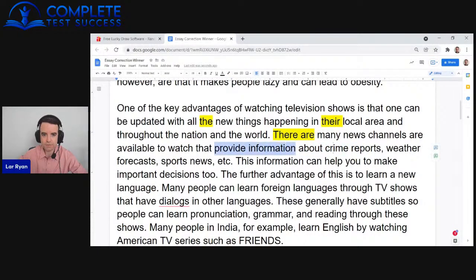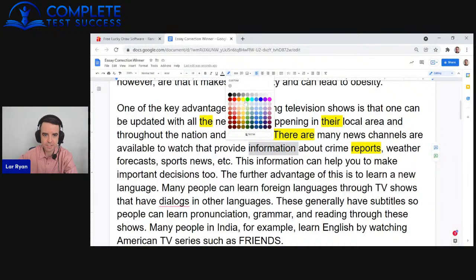So you don't provide information about crime reports. You provide information about crime, or provide crime reports. So the information and the reports, those don't collocate together. So that's a vocab mistake. Weather forecasts, sports news, best actually just delete the word information and then everything else is accurate.